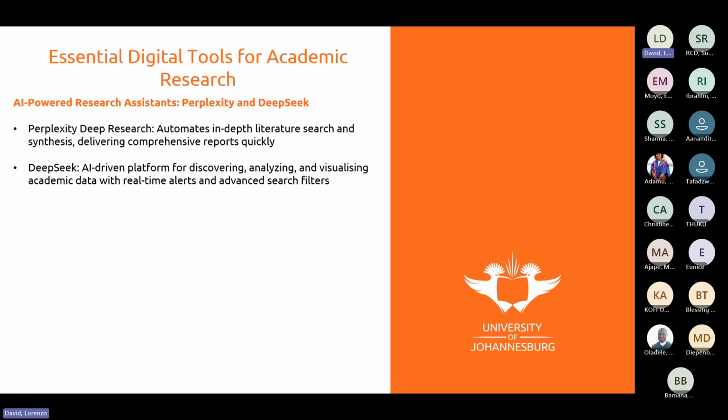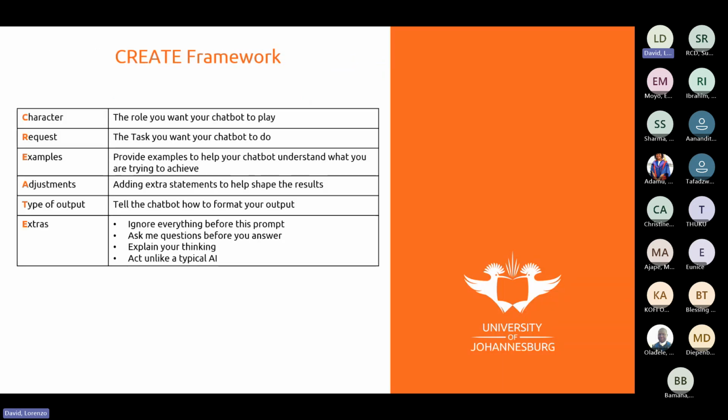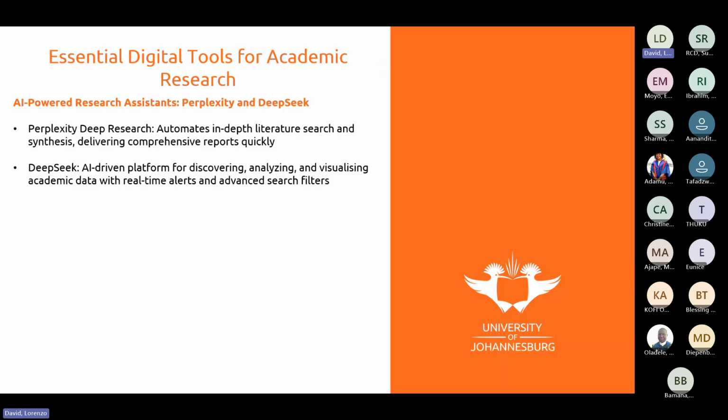You can go into Perplexity, and we're going to show you in a few minutes, and develop your prompt using this framework. You can ask it to develop an outline of a literature search that would be comprehensive for your particular topic.